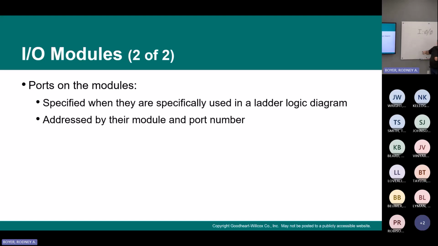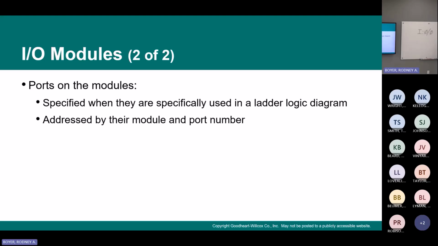The first character tells you what data file you're dealing with, whether it be input, output, system file, timer, counter, register, integer file, or floating point variable. The colon says, okay, now we're done with file.